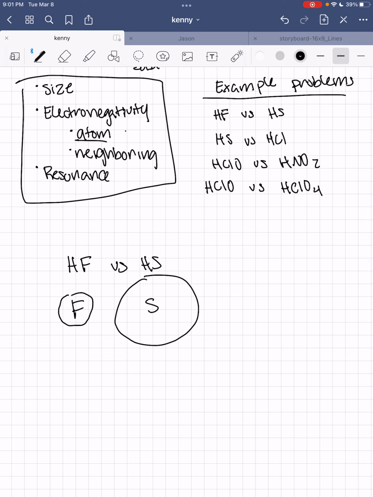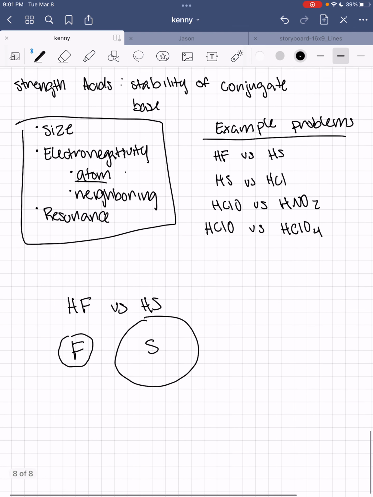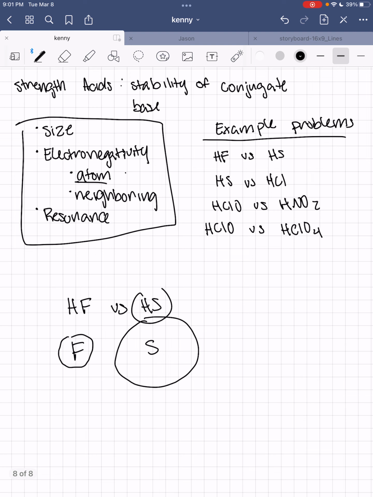A larger electron cloud means the negative charge is more spread out across the atom, meaning it's more stable in turn. And since sulfur is the more stable conjugate base, hydrogen sulfide is the stronger acid.